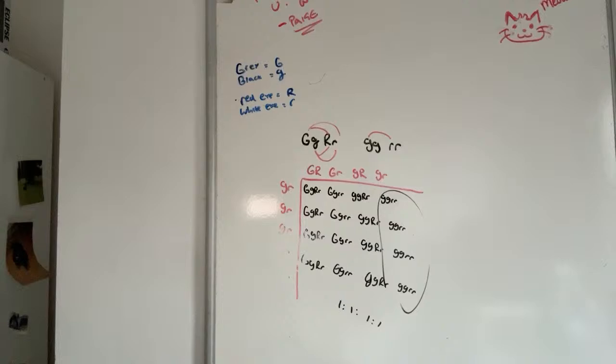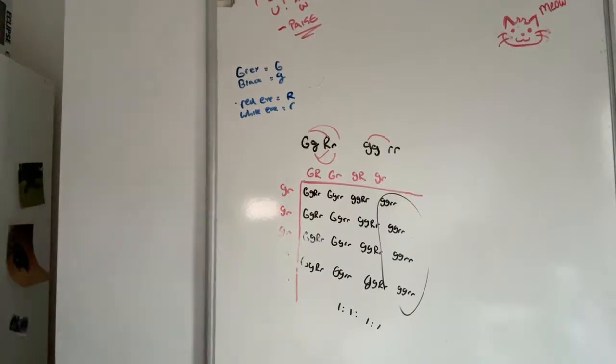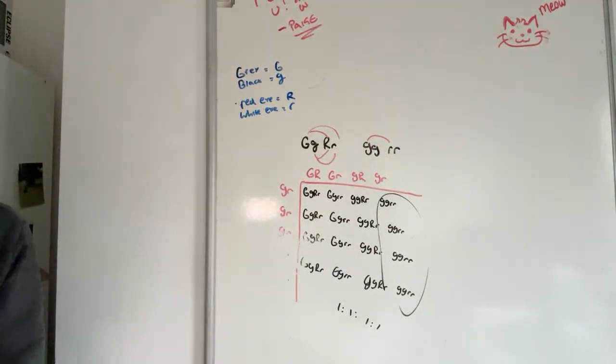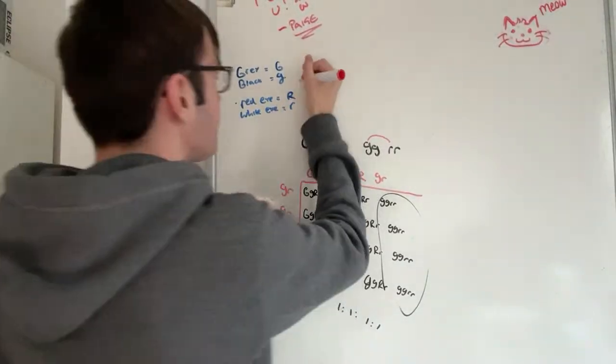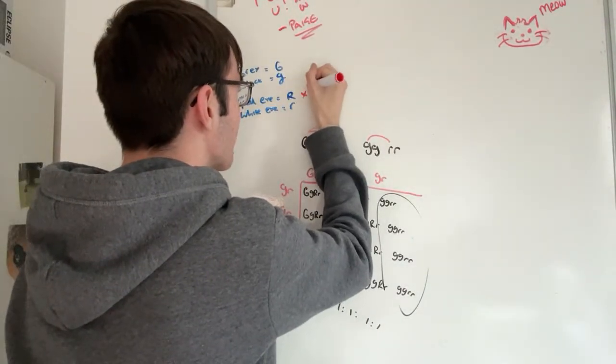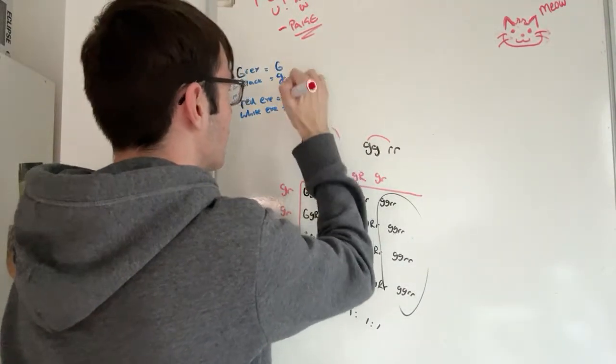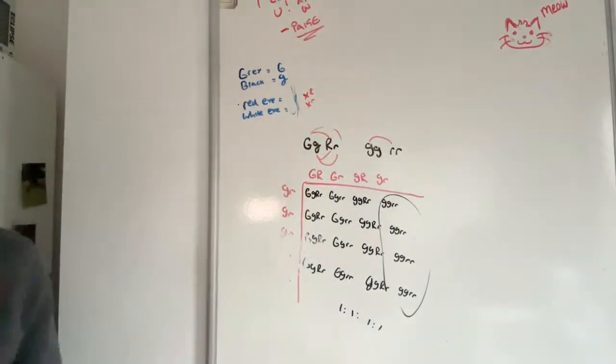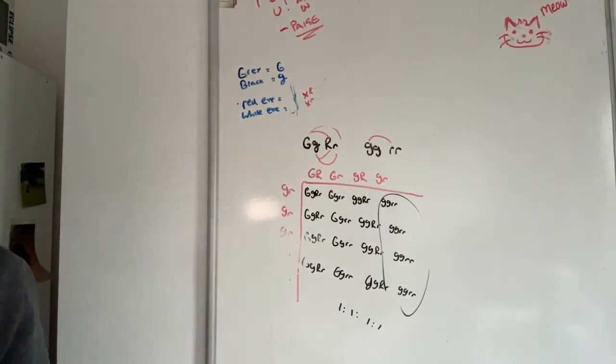R is located on the X chromosome. Of course it's located on the X. Okay. So that means it's actually going to be X R. No, I don't want to do this again.